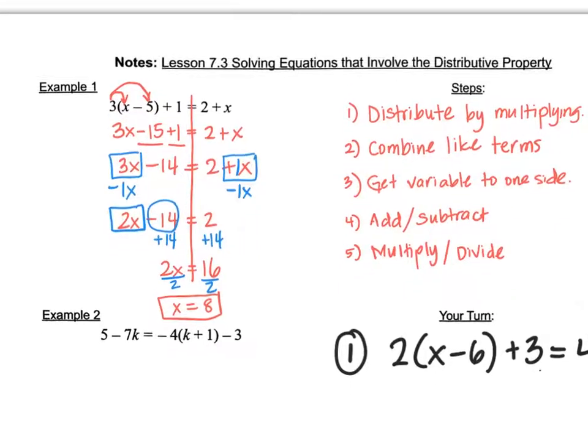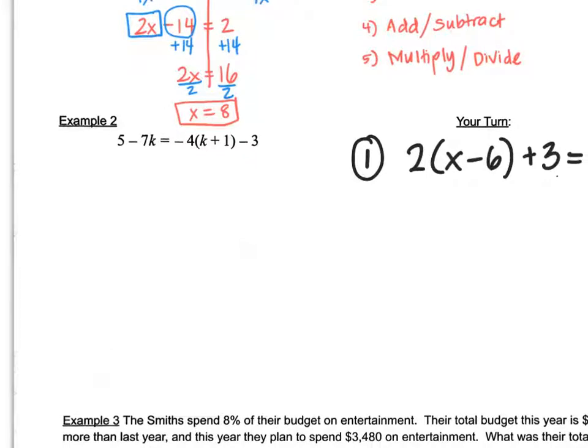Now let's look at example number 2. Let's draw our fence. Step number 1, let's distribute. So I need to take this -4. This is a tricky part right here. -4 times both of those inside is going to be -4 times k is -4k.